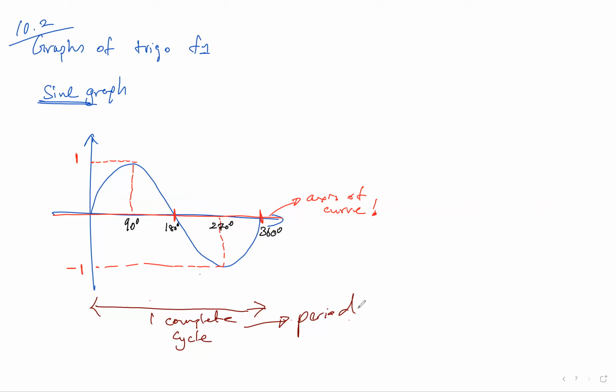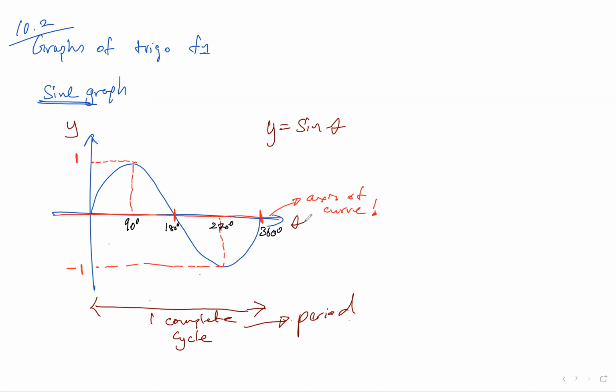So important things to know. All these stuff are the most important things to know for the y equal to sine theta curve. This is your y, this is your theta. Okay, basic curve, but you need to know a lot of things.